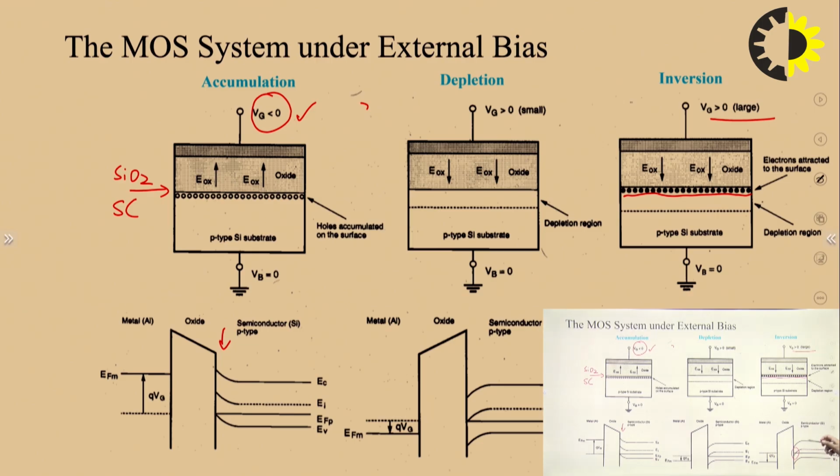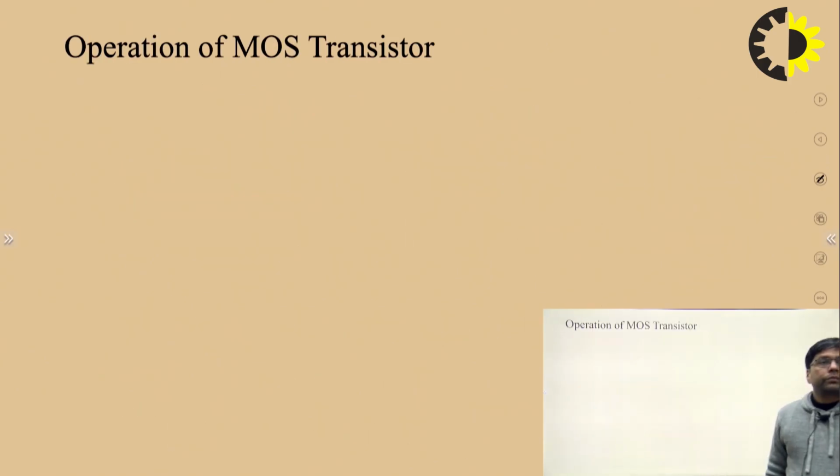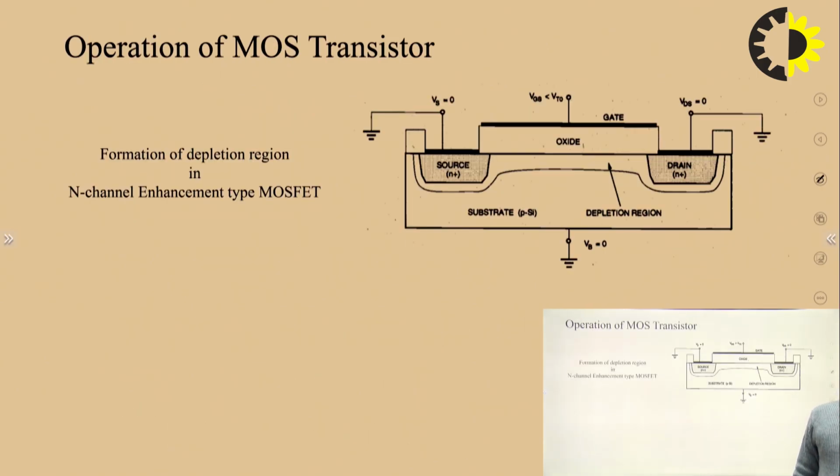That's why this phenomenon is known as the inversion layer, inversion process. Right. Next, operation of MOS transistor. So as discussed, there is no channel present in the case of MOSFET.